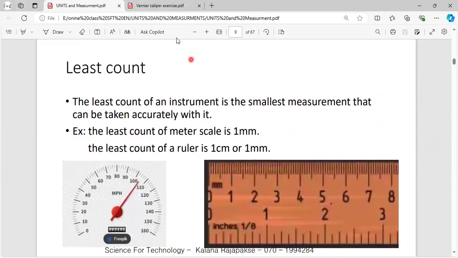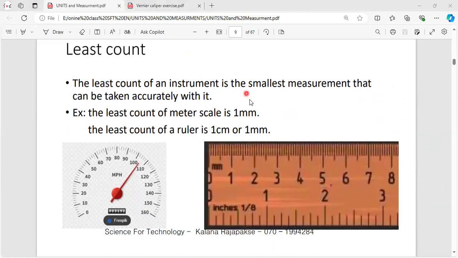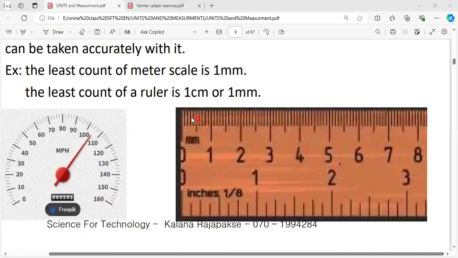Moving on, what is least count? The least count of an instrument is the smallest measurement that can be taken accurately with it. Here you can see the meter ruler. If I consider the millimeter scale and not the inches scale here, what is the least value I can take out? The gap between one small line and another, right?